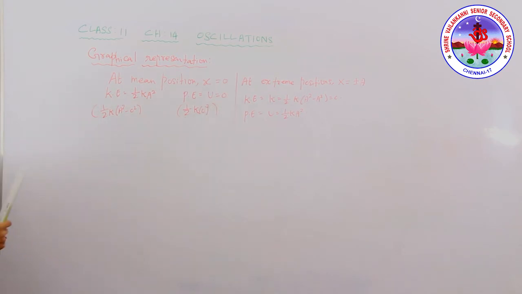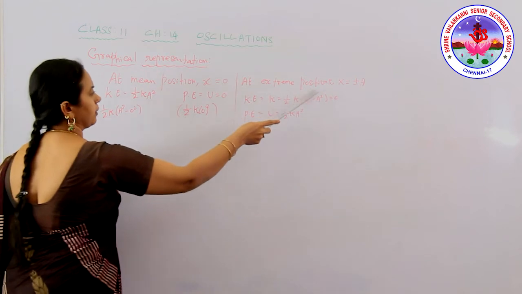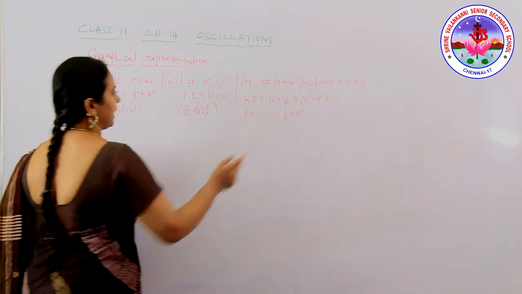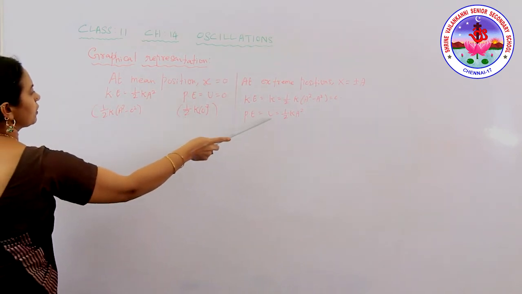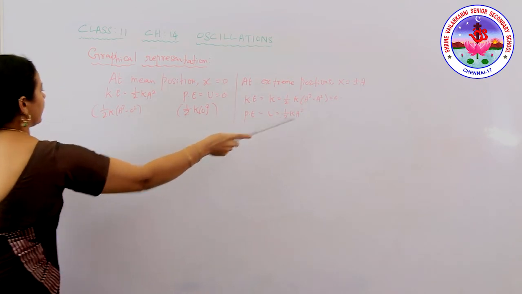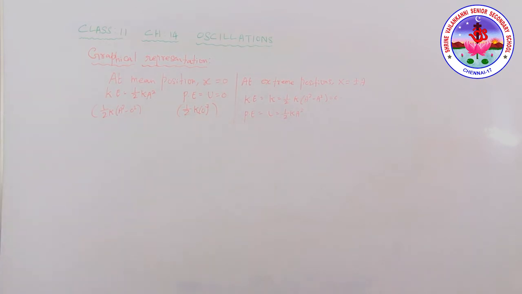Right? Versus at the extreme position, x which is equal to plus or minus a we have taken. So K which is equal to half k(a square minus a square), so that is 0, kinetic energy is 0. The potential energy U which is equal to half ka square. Now observe the graphical representation which is there.